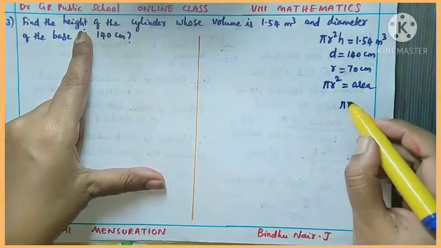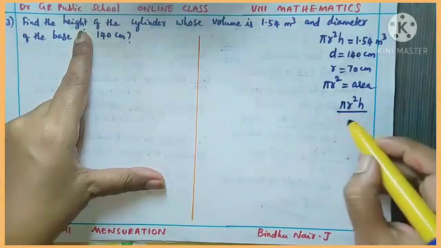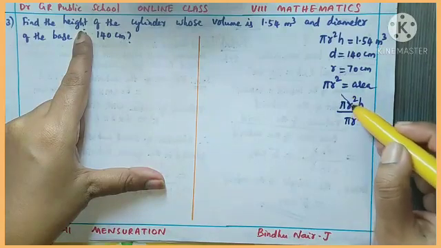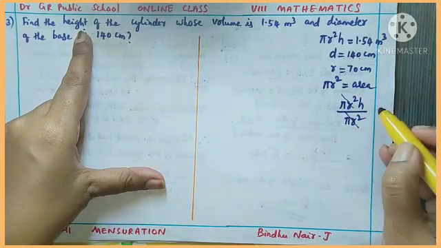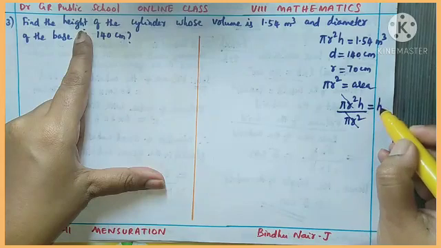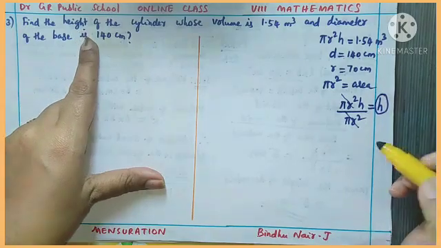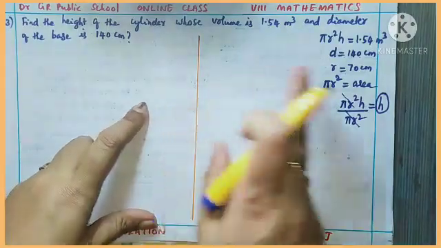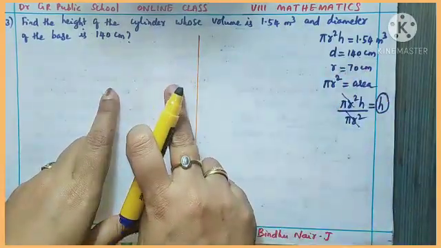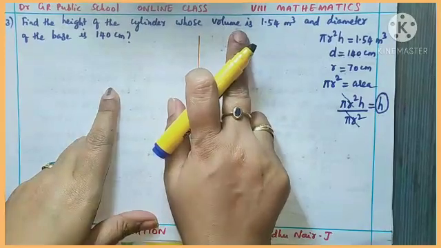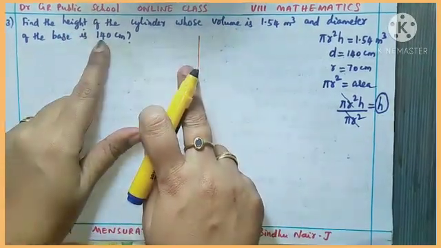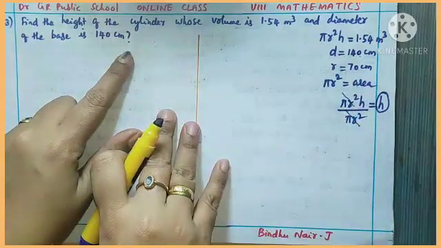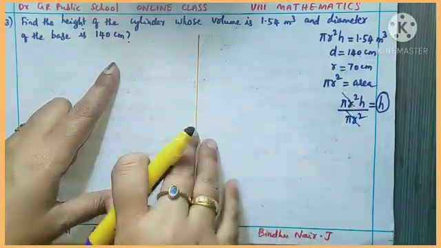So if you divide pi r square h by the area pi r square, can you see the same quantity pi r square can be cancelled and the balance is the height of the cylinder. This means that in this problem we want to divide the volume of the cylinder by the area of the base so that we will get the height of the cylinder. So that is what we are going to do here.